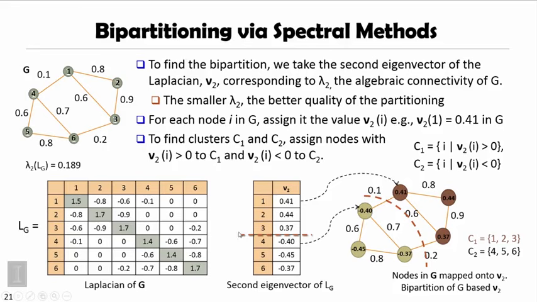These are the 6 nodes and their corresponding v2 values. If the v2 value is greater than 0, we assign the node to C1, and if the v2 value is less than 0, it goes to another cluster. Then we get a nice partitioning: C1 and C2, where nodes 1, 2, 3 become one cluster and 4, 5, 6 become another cluster.